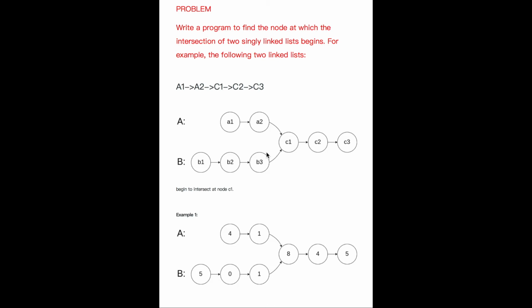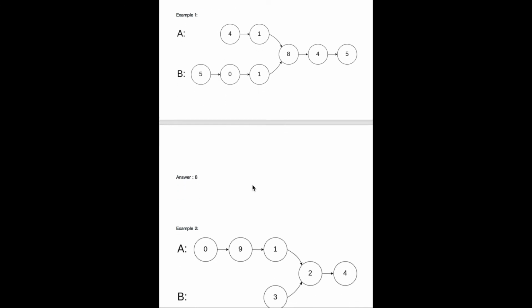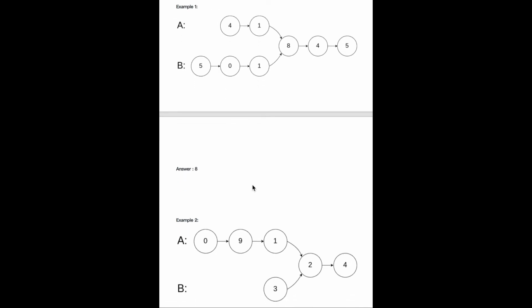The second step would be to find the difference, which is 1. Move the pointer of the longer list by 1, and then the last step would be to move each pointer of list A and B simultaneously to reach a point where the nodes are the same.